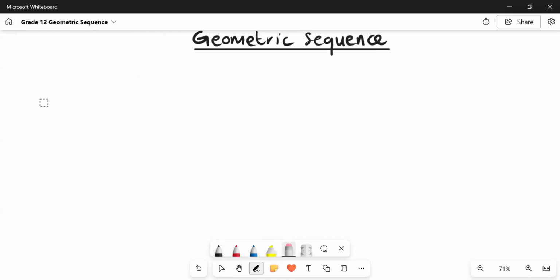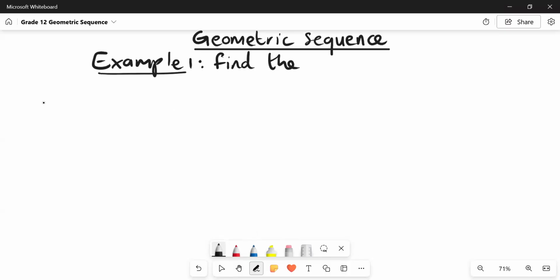For our example one, let me just write quickly. Example one: find the sixth term of the sequence.